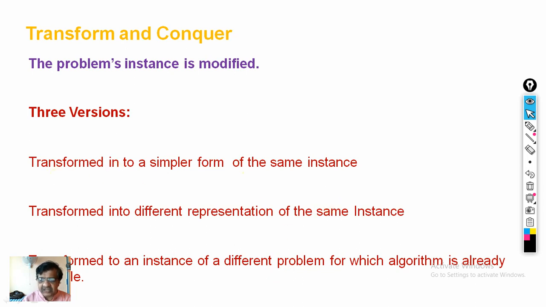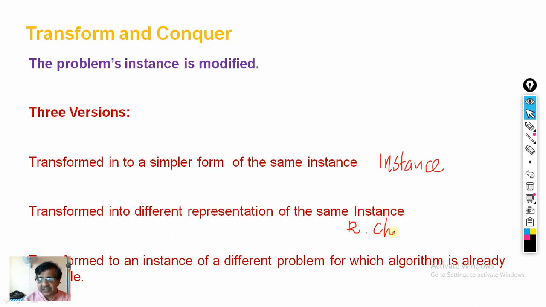The first kind is called instance simplification, the second kind is called representational change, and the third kind is called problem reduction. I repeat, this is called instance simplification, and this is representational change.